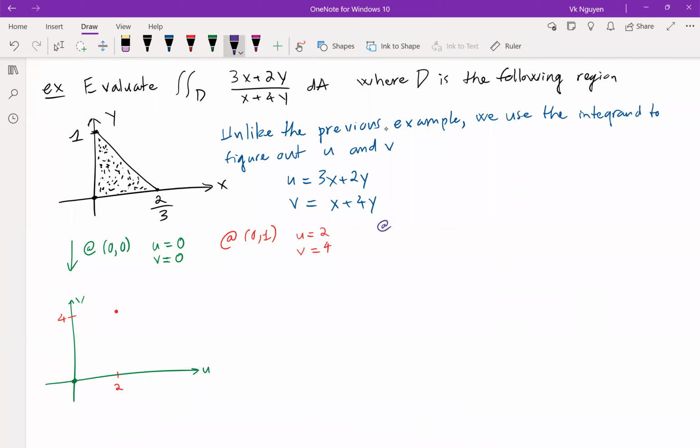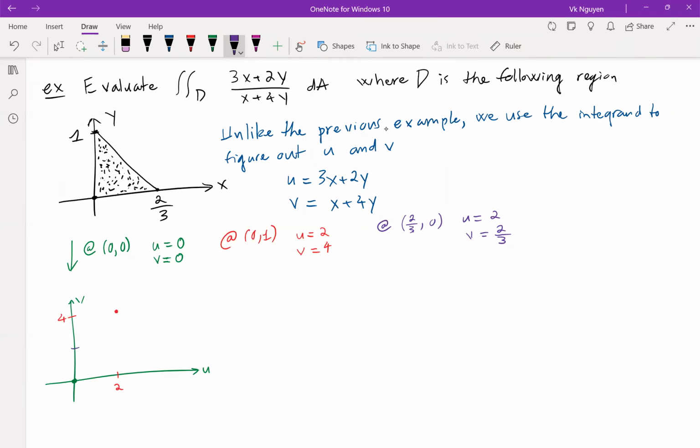At 2/3, 0. So x equal to 2/3: U is 2, V is 2/3. So 2 and 2/3, 2/3 is somewhere right here.